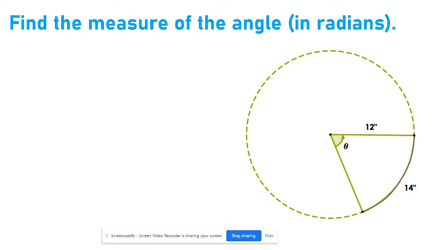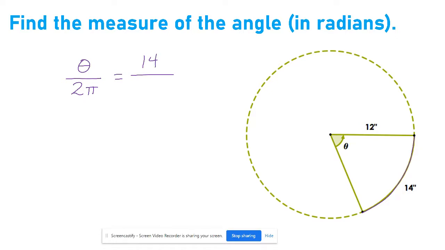So setting up a proportion, we're going to say theta, that's the angle we're looking for, out of the entire distance around the circle, or the entire rotation. And since we're in radians, instead of doing 360, we're going to do 2 pi. So theta, the thing we're looking for, over 2 pi is equal to 14, the length of our arc, over the entire circumference of the circle again.